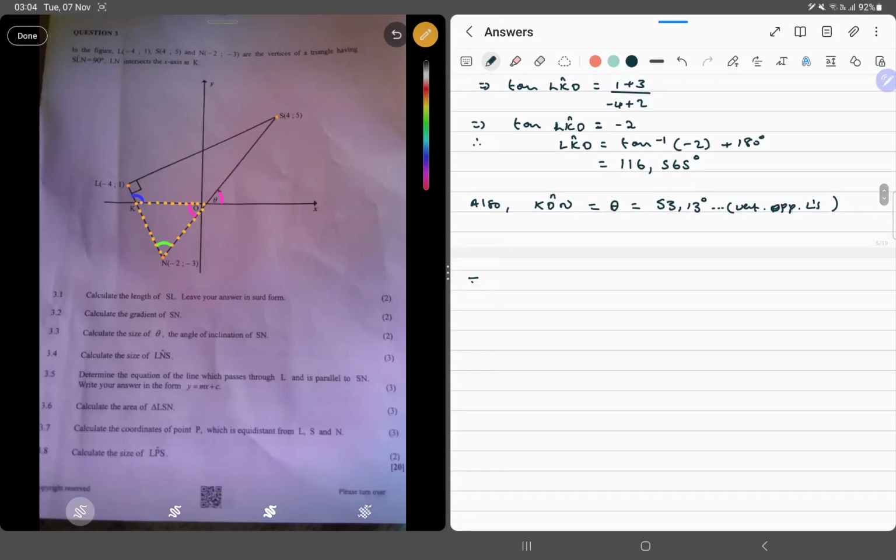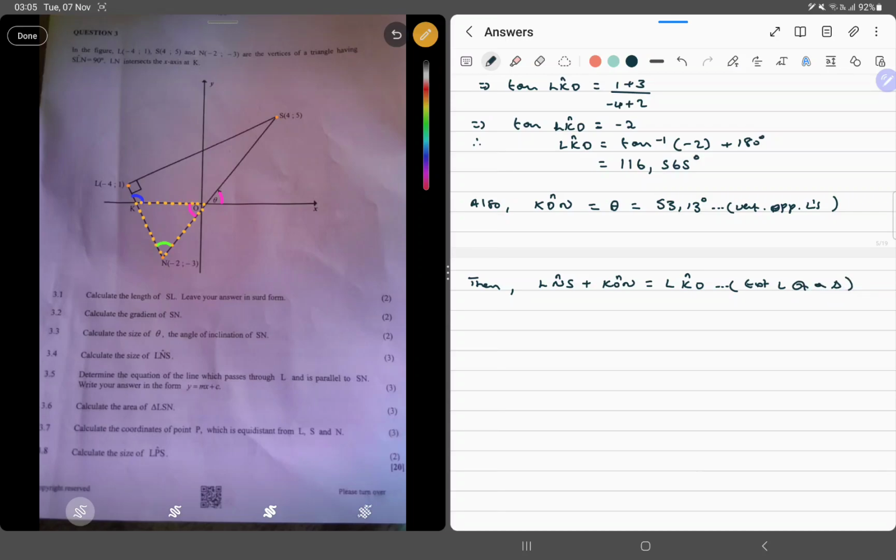So that means, therefore, we can say then, essentially, angle LNS plus that angle KON should be giving us LKO. Now that is the exterior angle of a triangle.